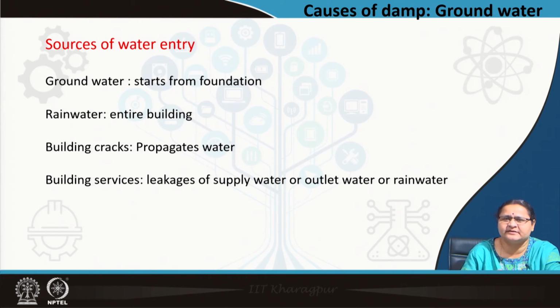And the last but not at all the least, which we ignore, we never register, we overlook, is the building services. Leakages in pipes, inlet pipe, outlet pipe, rainwater pipe, any kind of lines, leakages in those lead to damp.